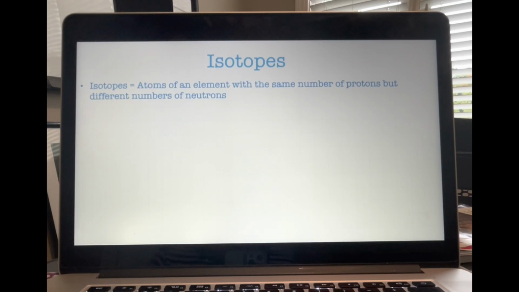All isotopes are identified by the name of the element followed by the mass number. Only hydrogen has different common names for its isotopes. Remember, hydrogen 1 was protium, hydrogen 2 was deuterium and hydrogen-3 was tritium. It's the only one that has names for its isotopes.